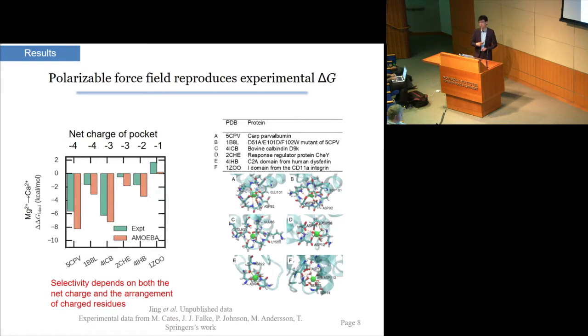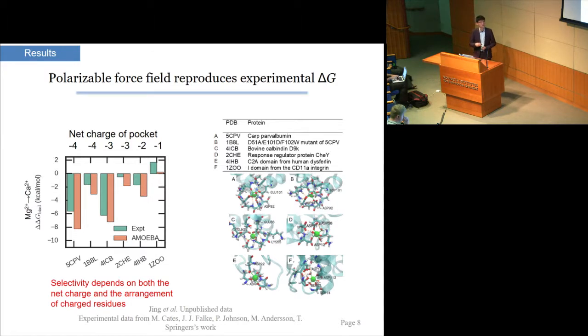So by considering the many-body effect, the polarizable force field can reproduce the experimental binding free energy. And this is the relative binding free energy between magnesium and calcium binding. This negative number means it is favorable for calcium. So these are the results for a bunch of different proteins, and the correlation is pretty good.